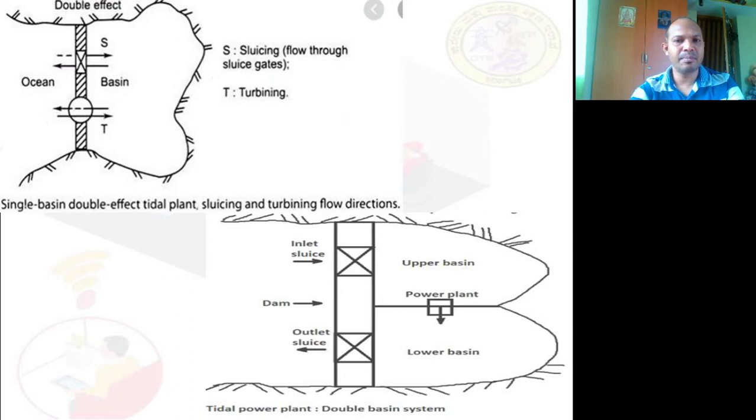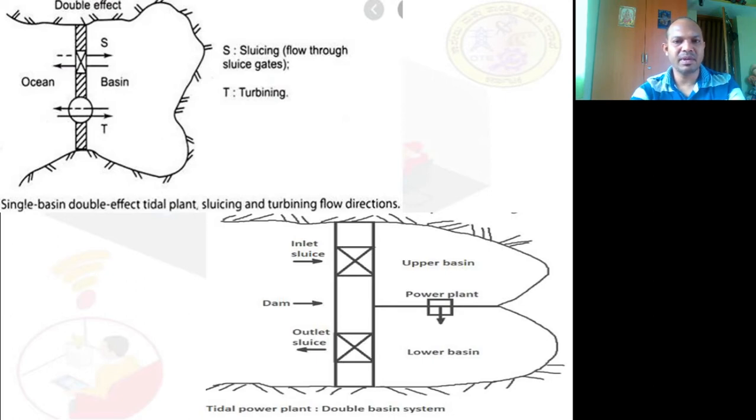Whenever there are high tides, flood tides or spring tides, this particular sluice gate will be open. Whatever energy is there will be stored in the upper basin.